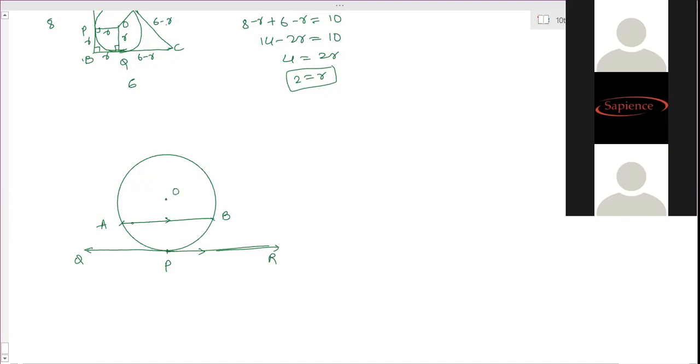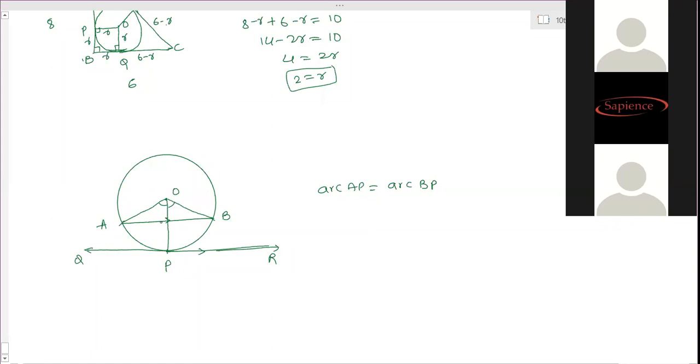This is the center O. Join AO, OP and OB. Now arc AP is equal to arc PB. They have given. If the arcs are equal, they subtend equal angles at the center.